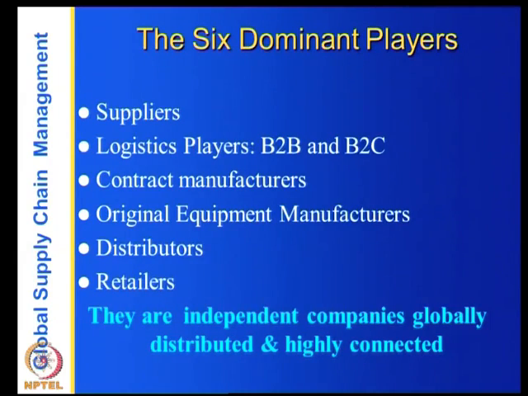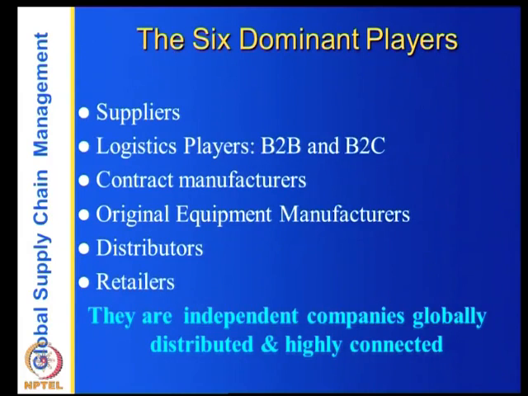So if you take any particular supply chain like automobile or even the electronic supply chains, there are thousands of players, but you can group them as 6 dominant players. These are all independent companies, they are globally distributed, and they are all highly connected.